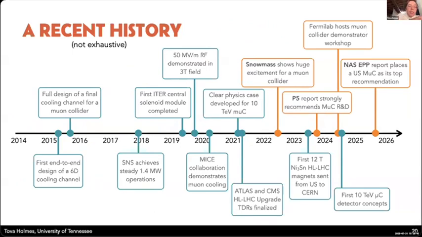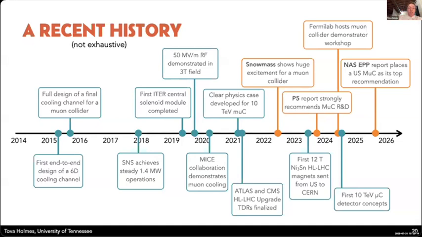Then you have places like the SNS achieving really steady operations with a high power proton beam. You have ITER central solenoid modules being completed, which are similar in complexity to what we would need. Then you also have things like the ATLAS and CMS HL-LHC upgrades having their TDRs finalized, building technology that's a step away from what we need in the detector.